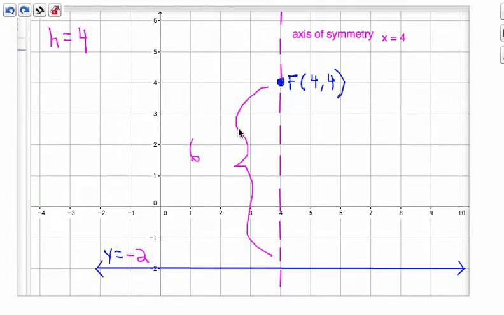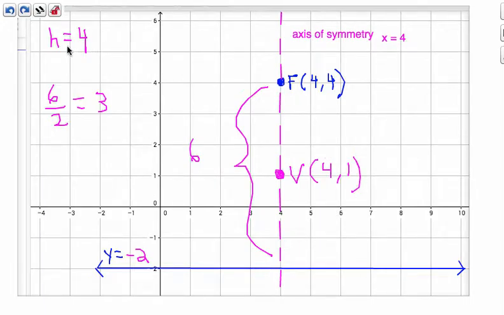Half of 6 is 3. So that tells us that the vertex will lie 3 units from the focus. So we'll move 3 units down from the focus, or 3 units up from the directrix. That puts our vertex right here, over 4, up 1.